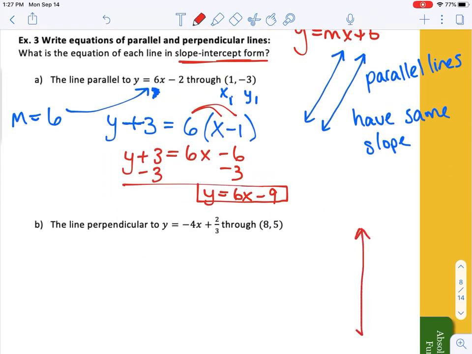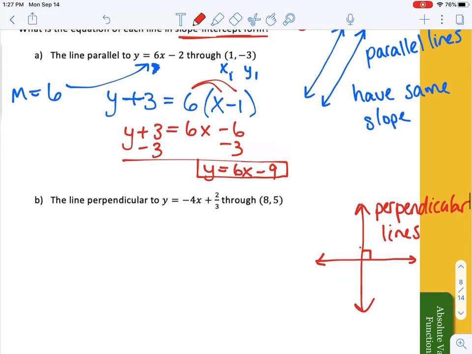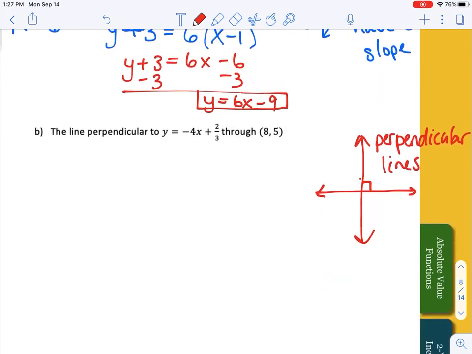Lastly, we have perpendicular lines. This is where they cross at 90 degrees. And the slopes of perpendicular lines are negative reciprocals.